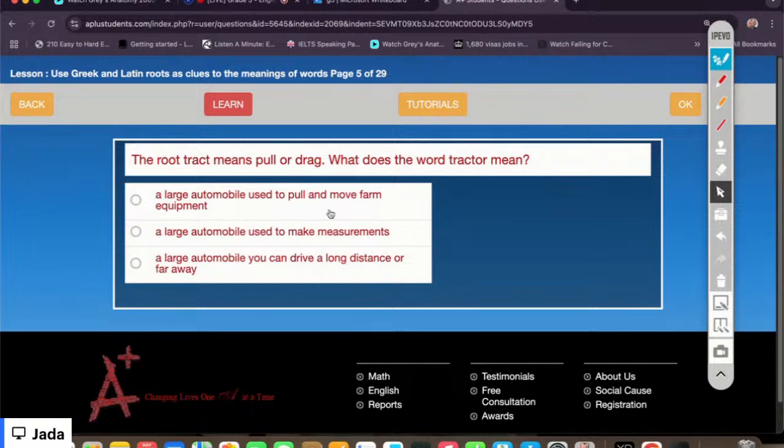The root tract means pull or drag. What does the word tractor mean?